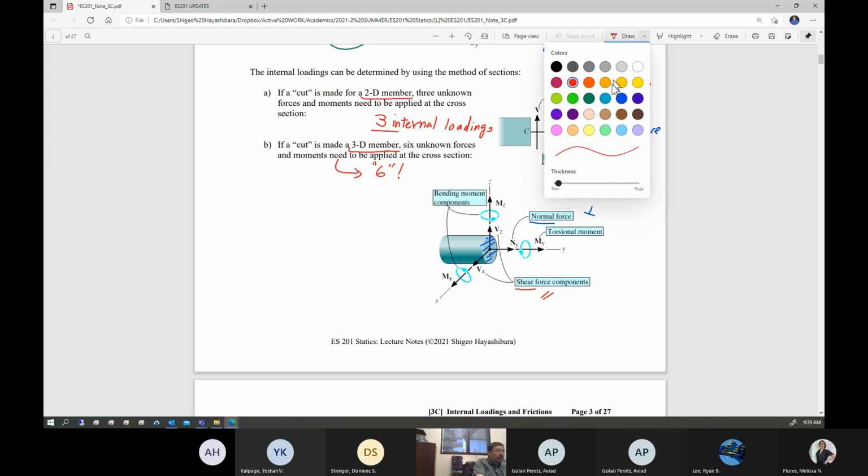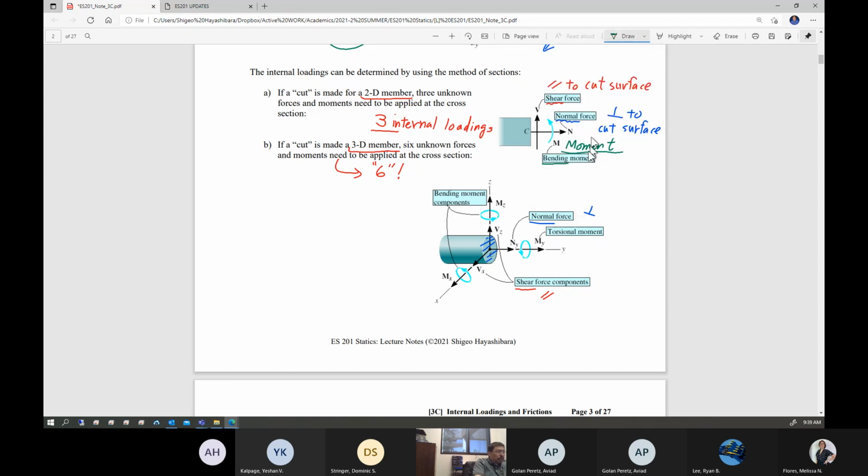And then you have, again, two different types of moments. Now, the moment here in 2D is something called bending moment. It's a moment that tries to bend this thing, either this way or that way. You're trying to bend this material. It's called bending moment.